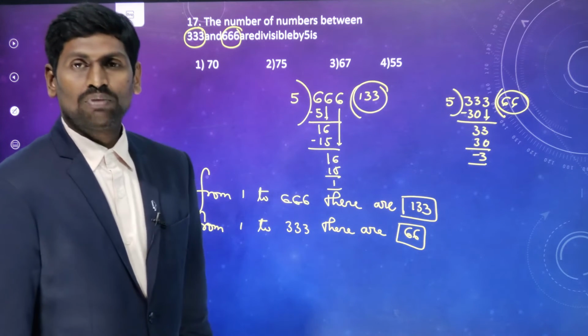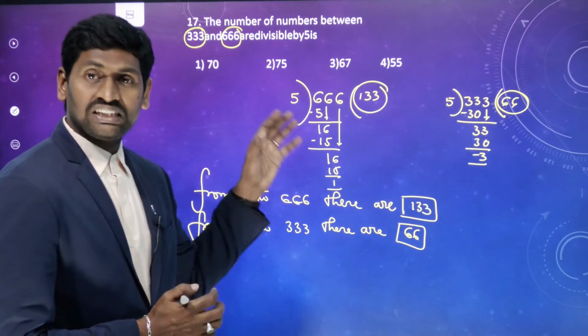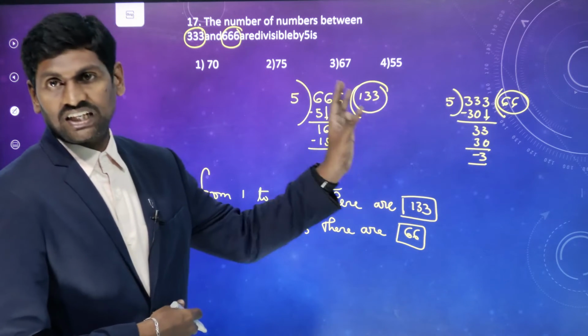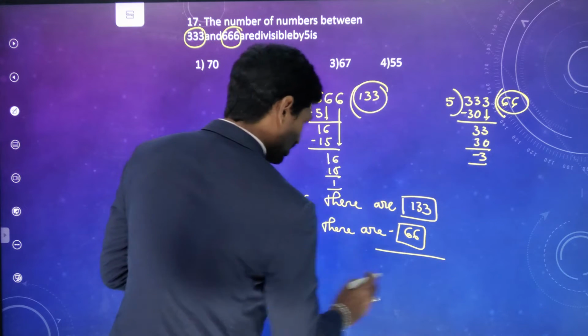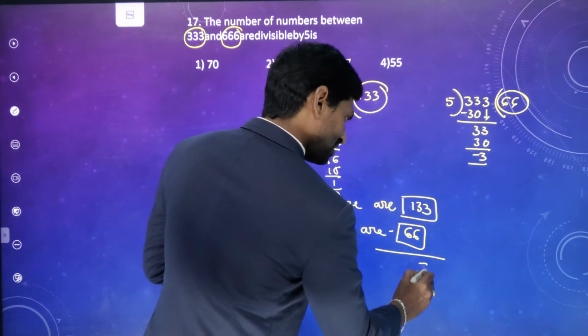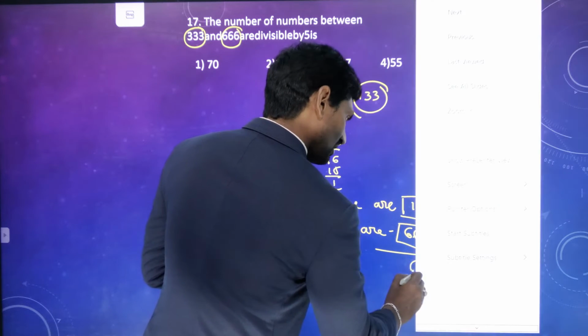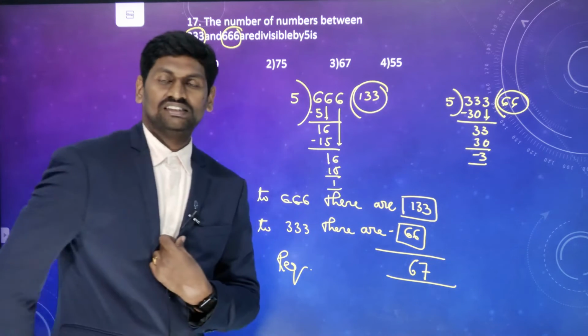Okay? But I want only the numbers between 333 and 666. Now I am going to subtract both of them. So our required answer is 67.